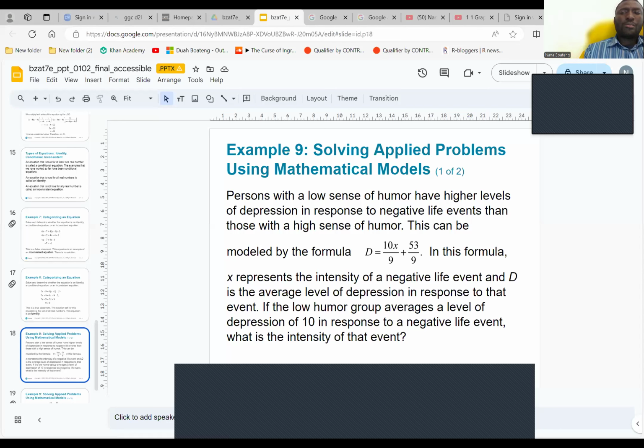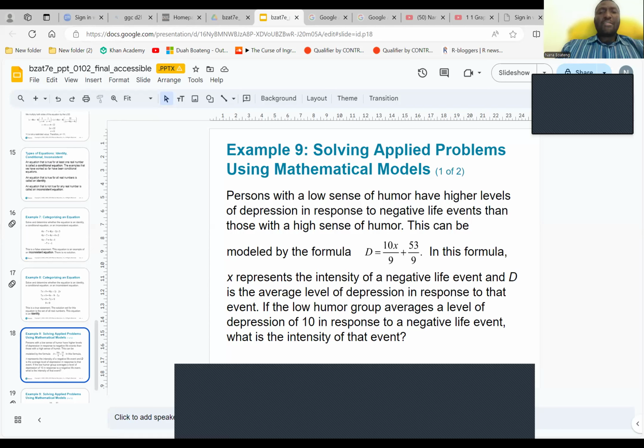All right, so it goes ahead to say, if x represents the intensity of a negative life event and D is the average level of depression in response to that, if the low humor group averages a level of depression of 10 in response to a negative life event, what is the intensity of that event?